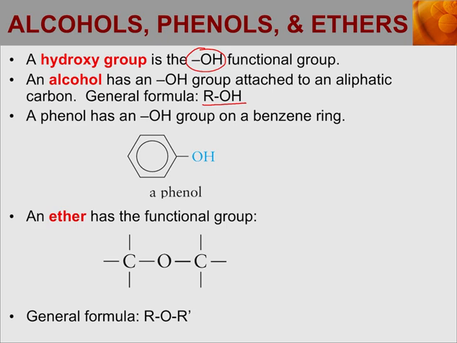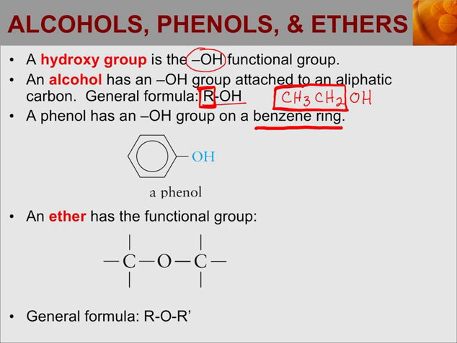So that would be something like ethanol, where we had CH3CH2OH. So the CH3CH2, we can just replace with R to indicate that we have some sort of alkyl group attached to the OH group. Now we say aliphatic here because we want to make sure that we're differentiating between an alcohol and a phenol. So a phenol has an OH group on a benzene ring.